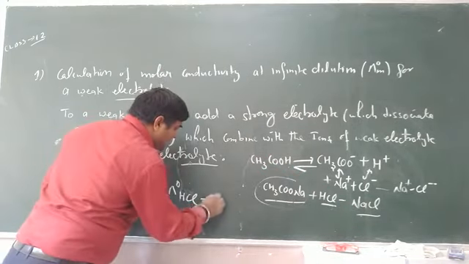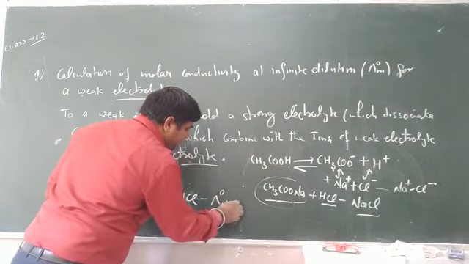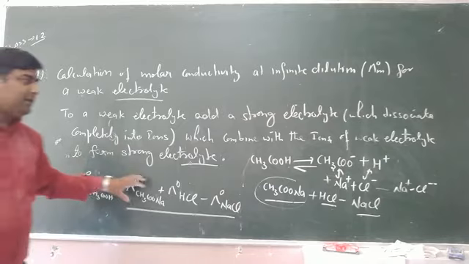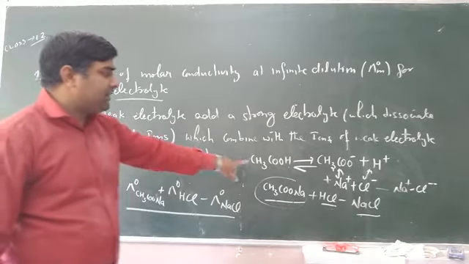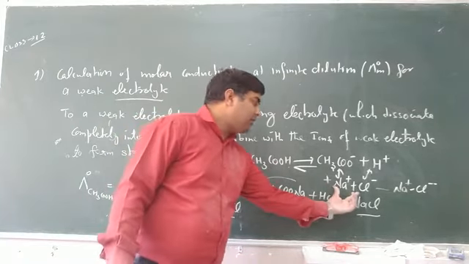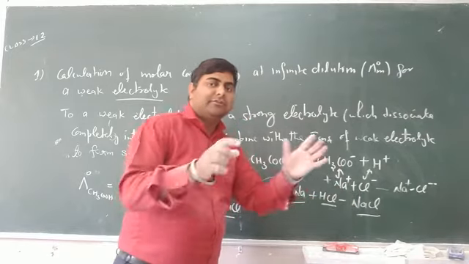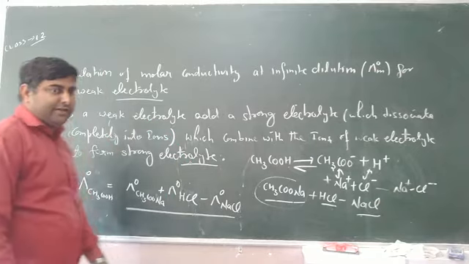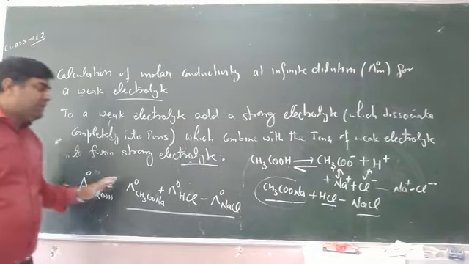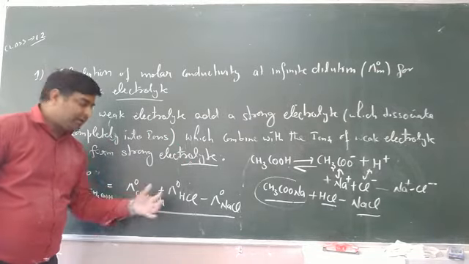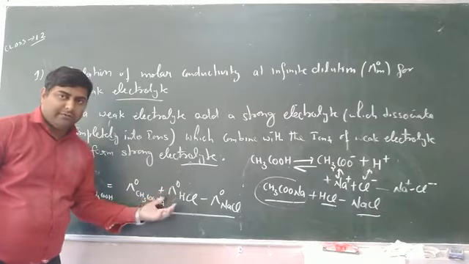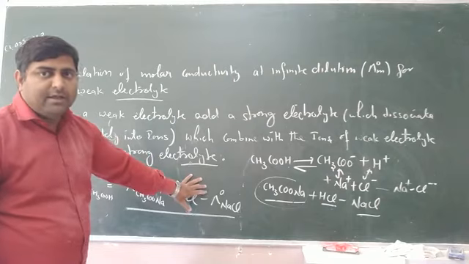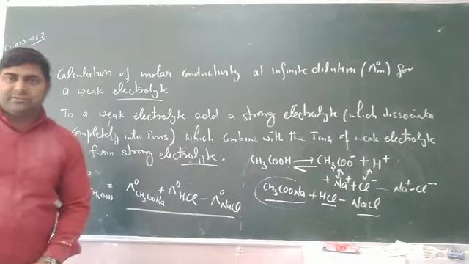It means to calculate the molar conductivity of a weak electrolyte, we have to add a strong electrolyte which combines with the ions of the weak electrolyte to form strong electrolytes. In these types of questions, normally these values are given. We have to just substitute the values and solve the numerical. Now, this is the first application.